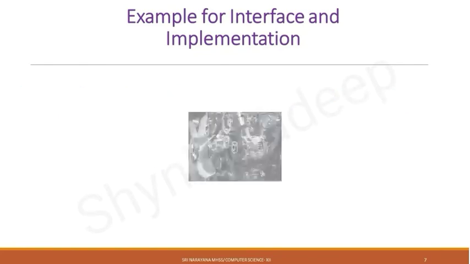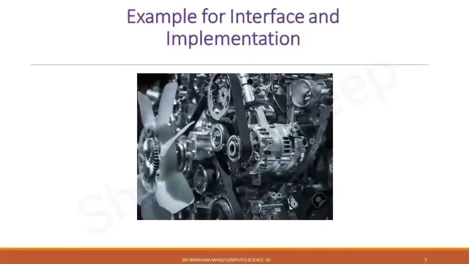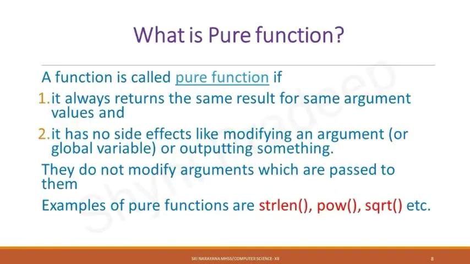But what does the implementation mean? Here the implementation is the internal working of the car engine. So the interface defines what an object can do, but it does not actually do it. Implementation is doing all the things.